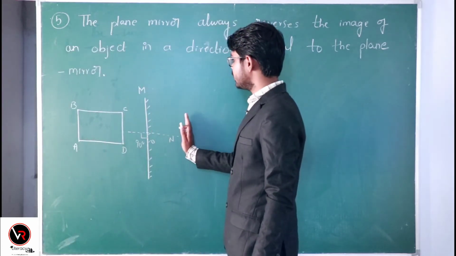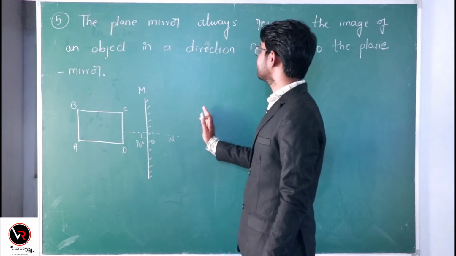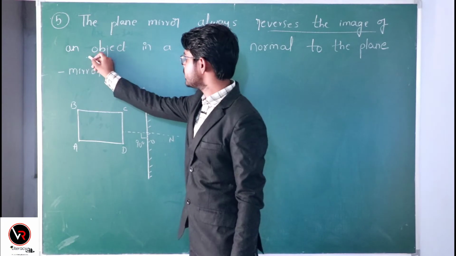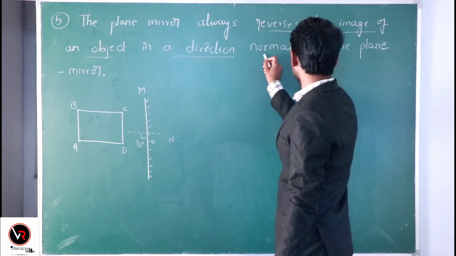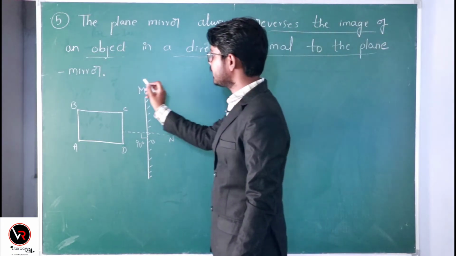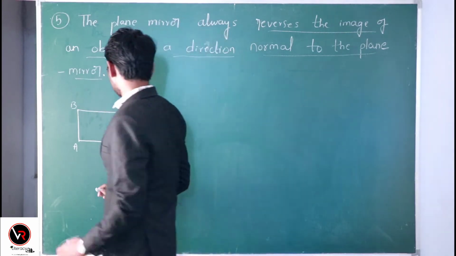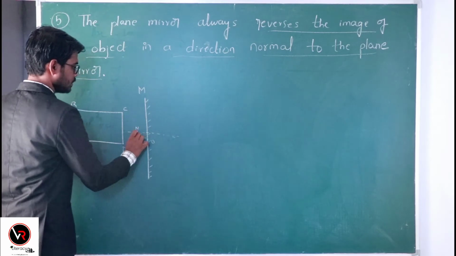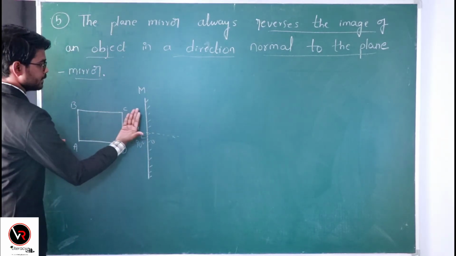while it is forming the image, it reverses the image of this object in a direction normal to the plane mirror. So while it is forming the virtual image, this would be reversed like this.